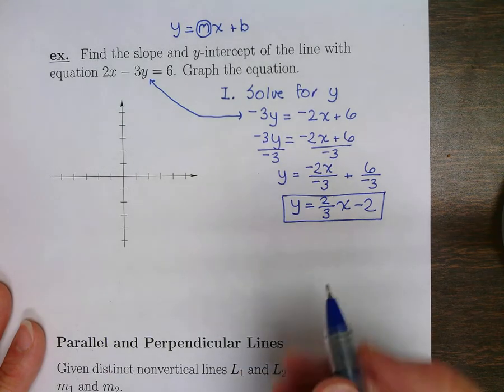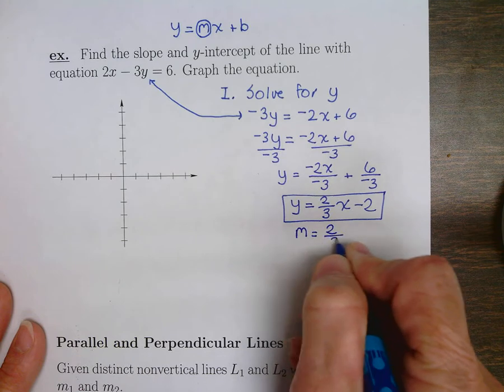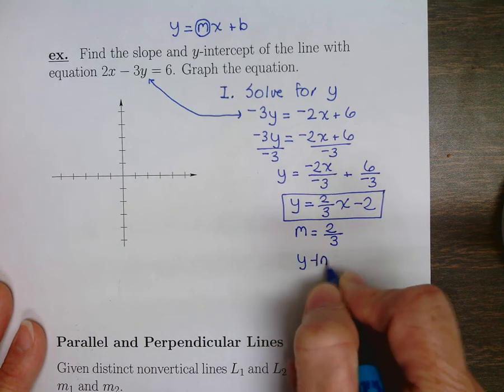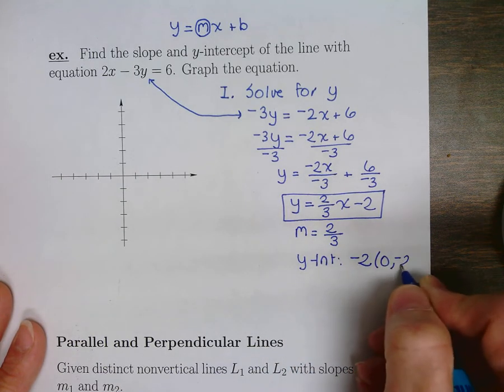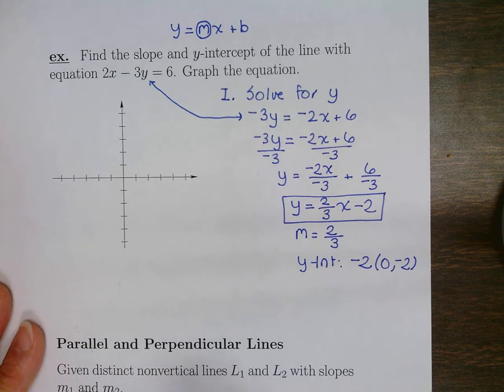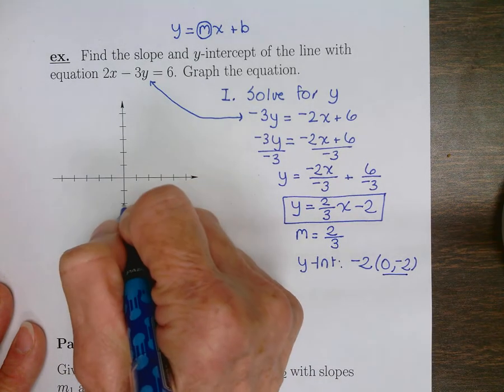Okay, so what do I know? I know that m equals 2/3, and I know that the y-intercept is negative 2, which corresponds to the point 0, negative 2. Okay, so how do I graph it? Well, I know a point. I know this line goes through the point 0, negative 2.